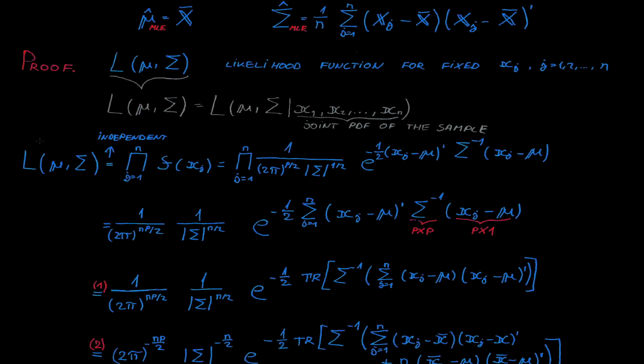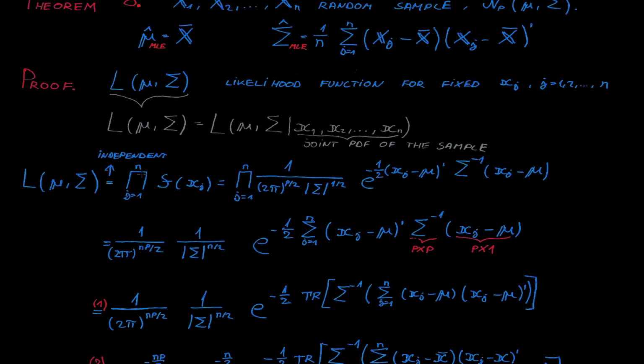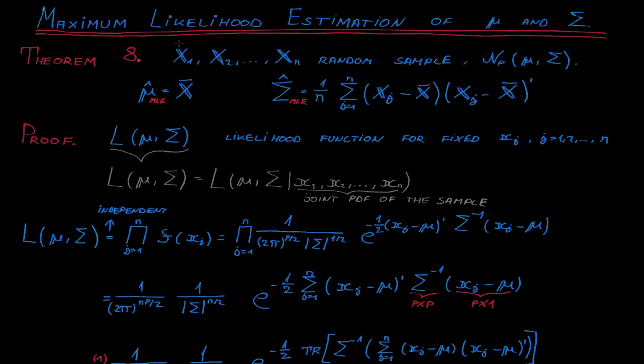As we are given the random sample, they're independent, so we know that it is actually a product of marginal probability density functions. Each of these vectors has a multivariate normal distribution.